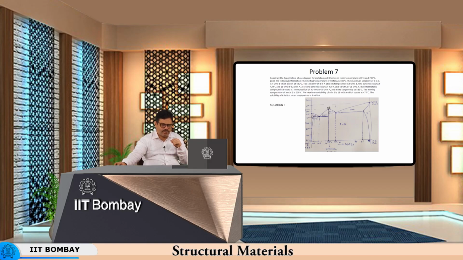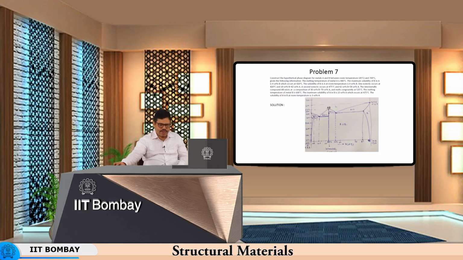So, from the eutectic point to this, then you have the second eutectic forming at 475 degrees centigrade. So, you draw a horizontal line like that, and the second eutectic forms at 42% of B. So, you draw this curve up to this eutectic point, and then your melting point of B is 600.